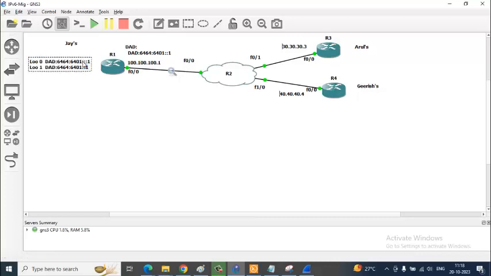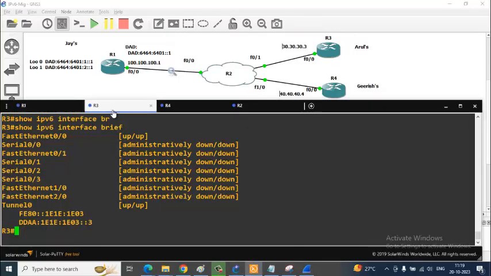I'm going to add 1 to say this is the first subnet. See, this is how you do subnetting, how easy it is. And then I'm going to put 2 here. First subnet, second subnet. That's it. Likewise, on Arul's network, DDAA.